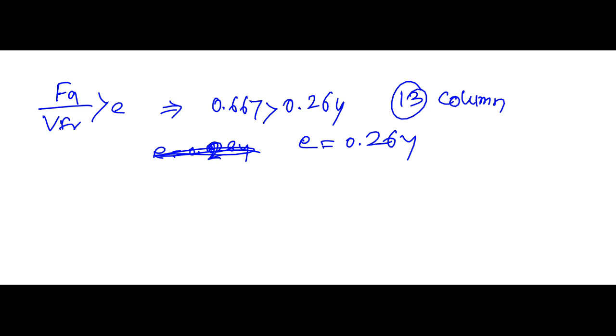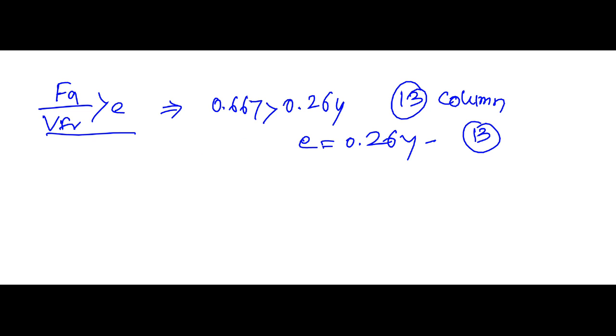With respect to this one, you refer column number 13 here. Already FA divided by VFR is greater than E, right? Then you need to refer column number 13. So in column number 13, you have various values. 2.3 is there, 1.99 is there, 1.71 is there, 1.55 is there.